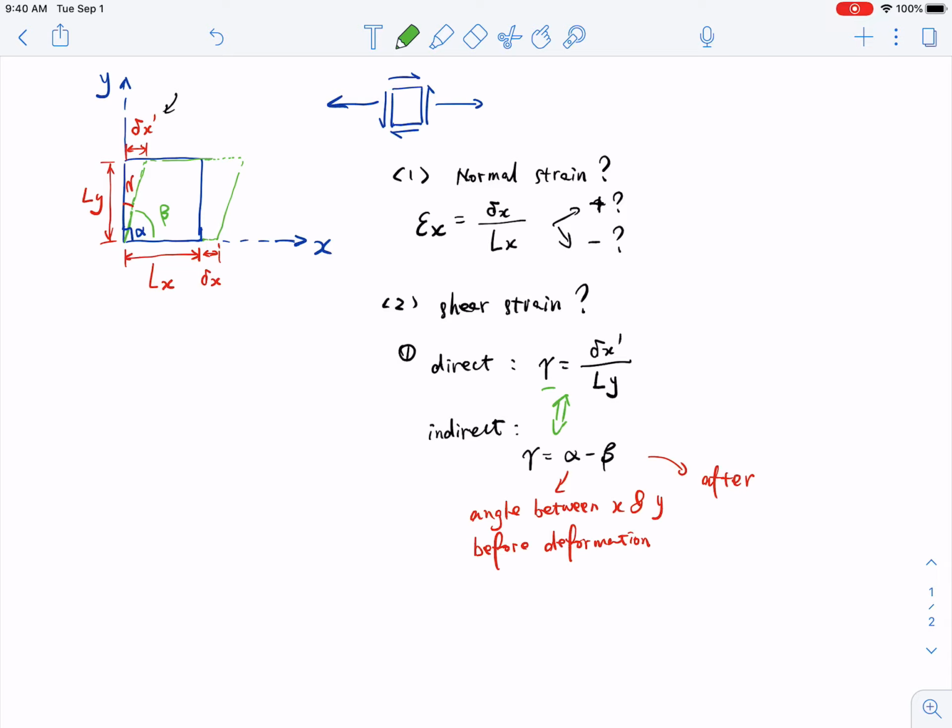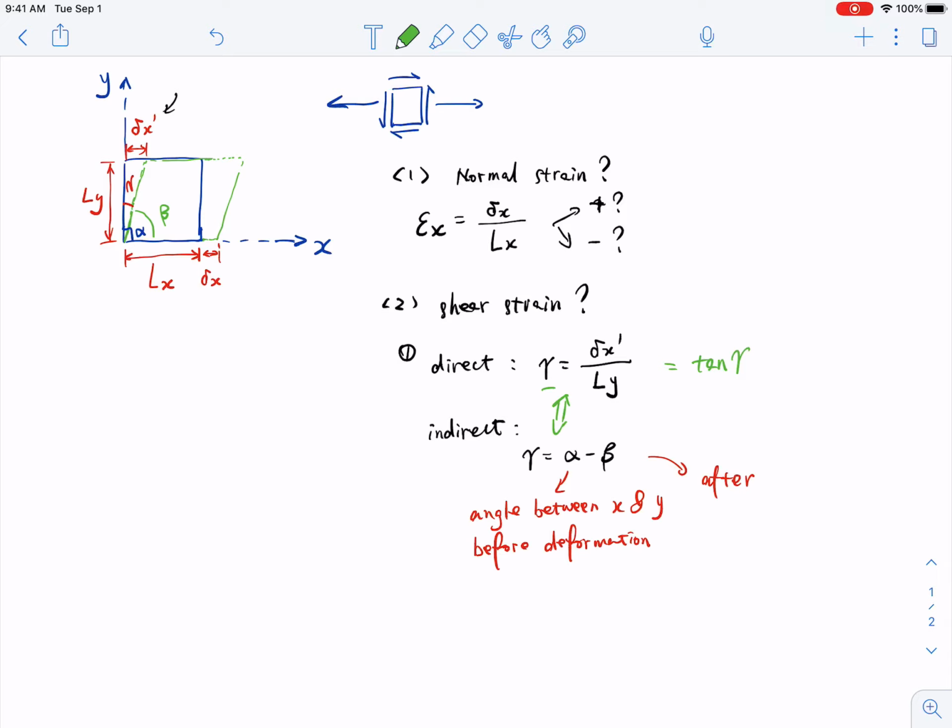Okay, so what does this mean? If you look at this equation, gamma equals delta x prime over Ly. So what does this mean in geometry? This is actually tangent gamma, right?